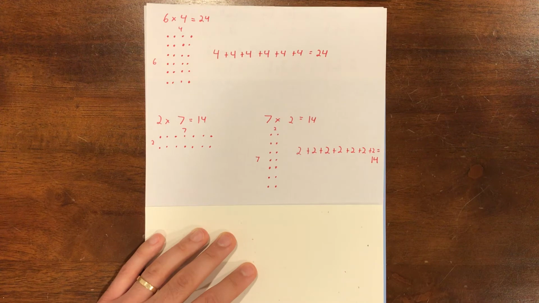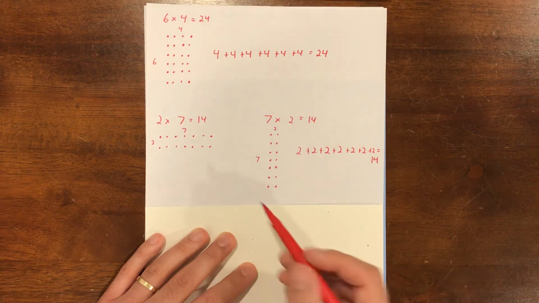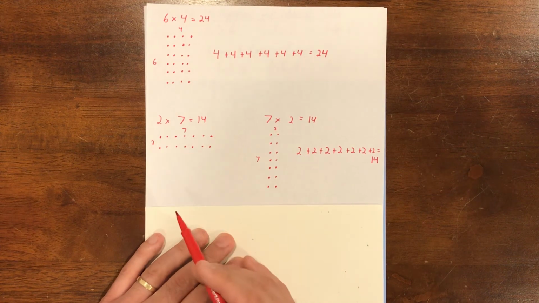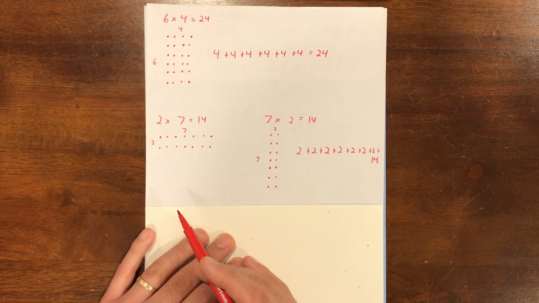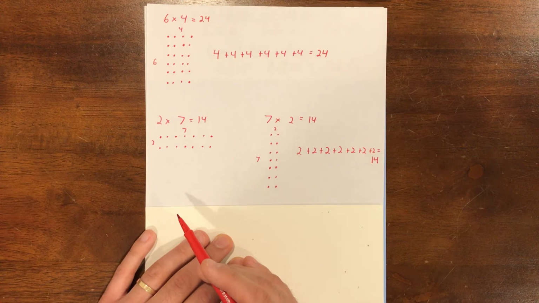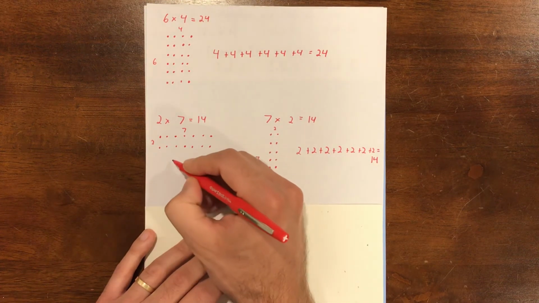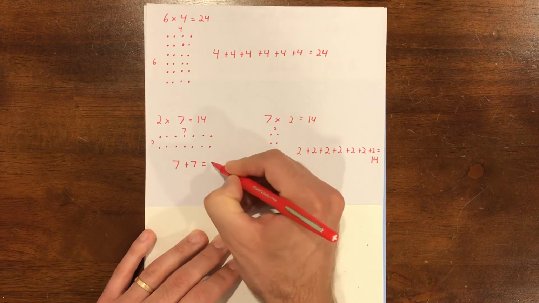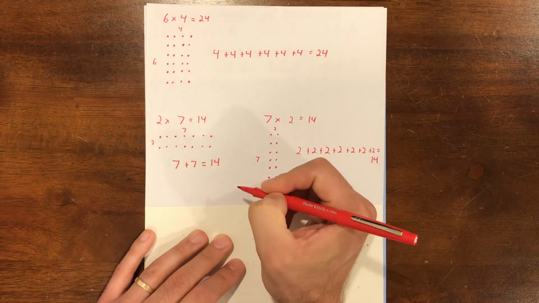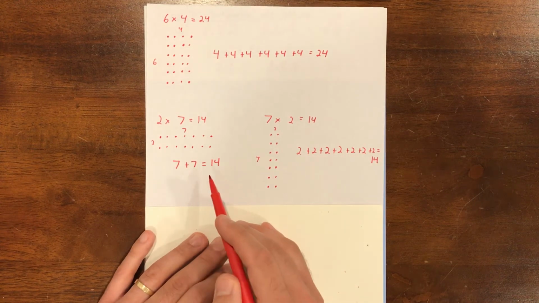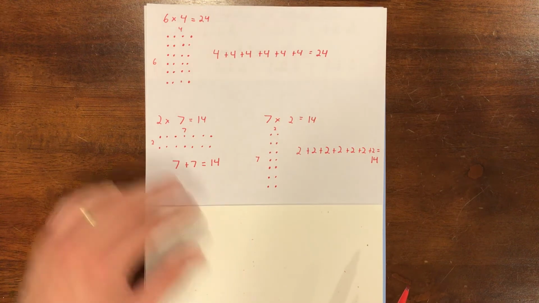If we have an even number of groups with an odd number in each group, we will always have an even total because two odd amounts added together will make an even amount. 2 times 7 is the same as 7 plus 7 equals 14. Combining two odd numbers equals an even number.